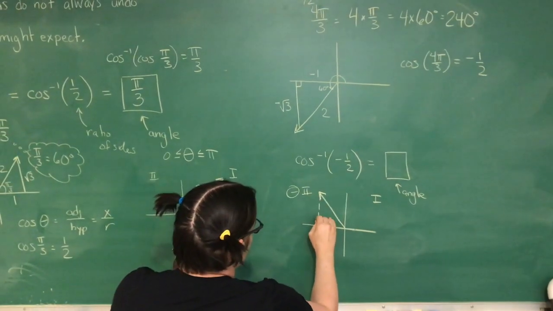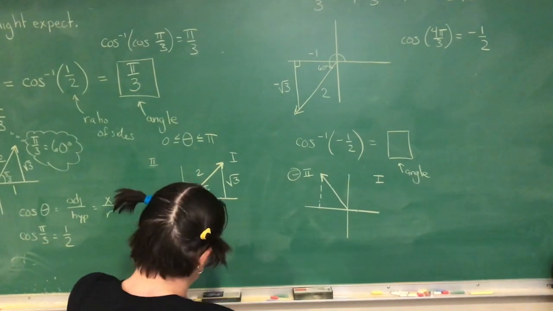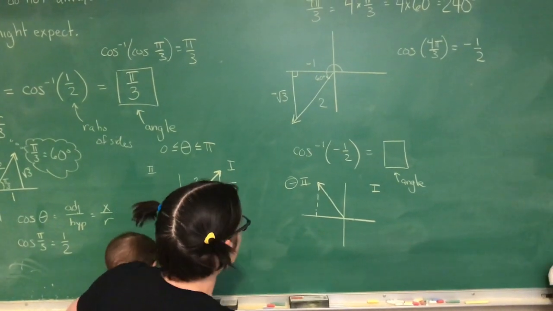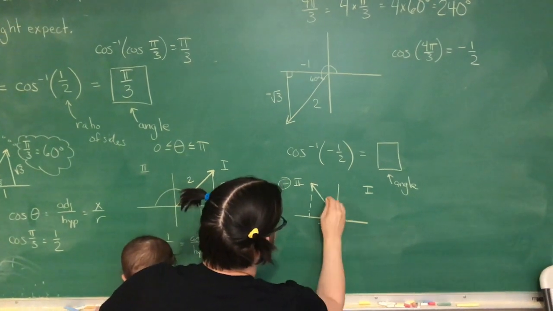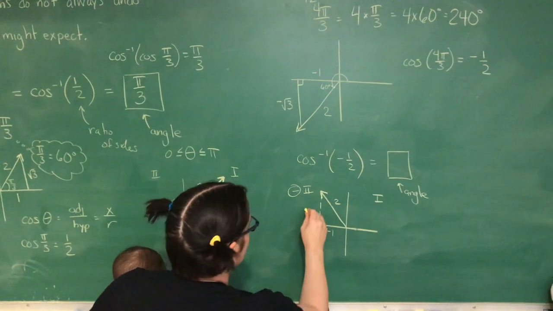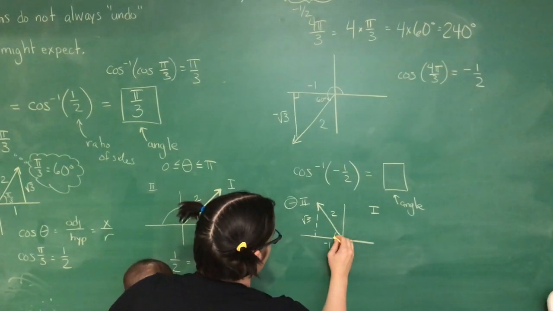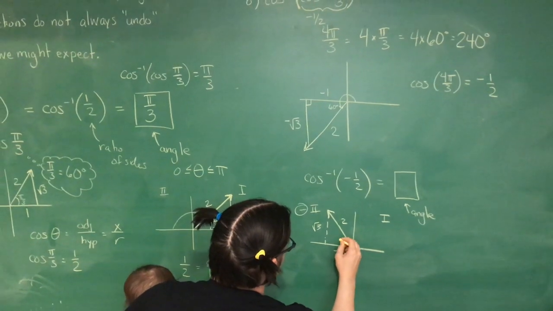Okay, I draw my triangle. My ratio is negative 1 over 2, so that is adjacent, which is negative 1, over hypotenuse, which is 2. I recognize the third side, that's square root of 3. And my reference angle is 60 degrees, or pi over 3.